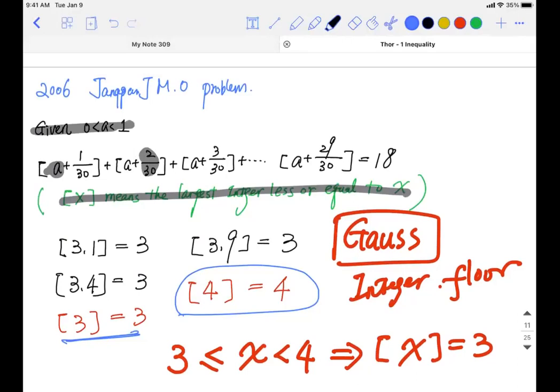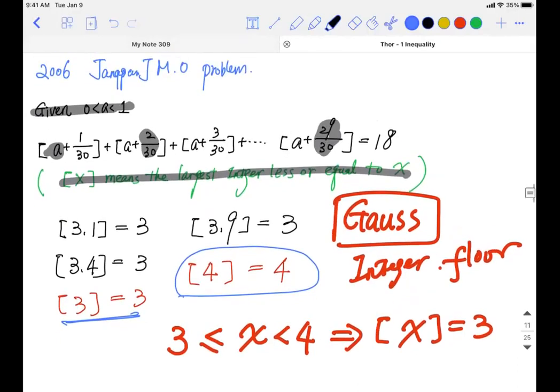Because this a is between 0 and 1, these are non-negative at least. Everything together, all the way to a plus 29 over 30, that guy equals 18.